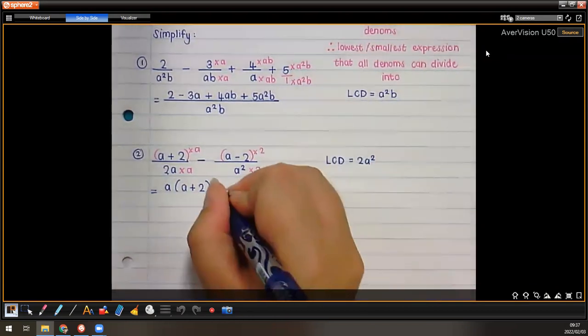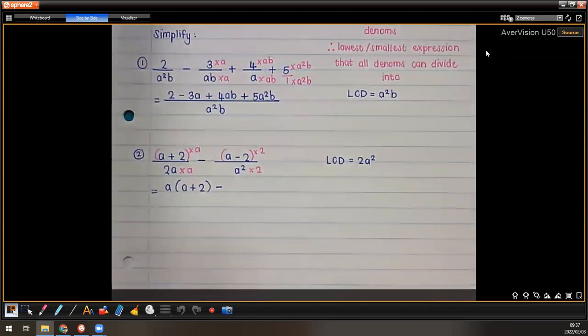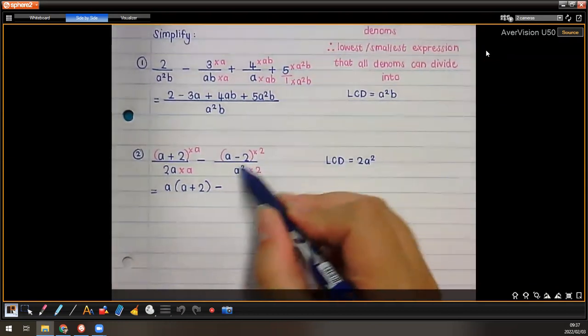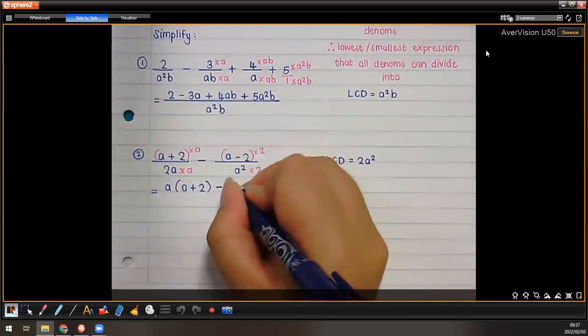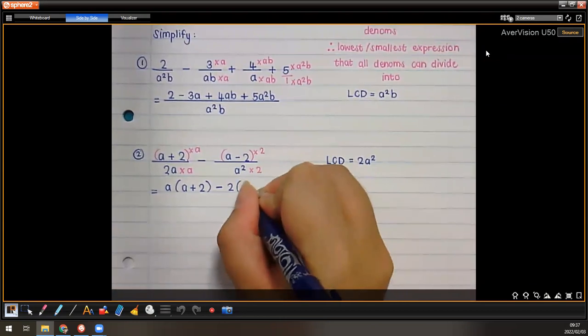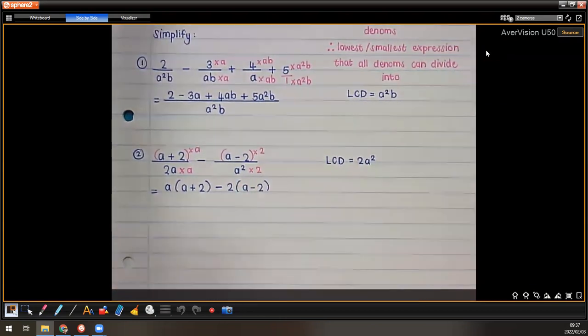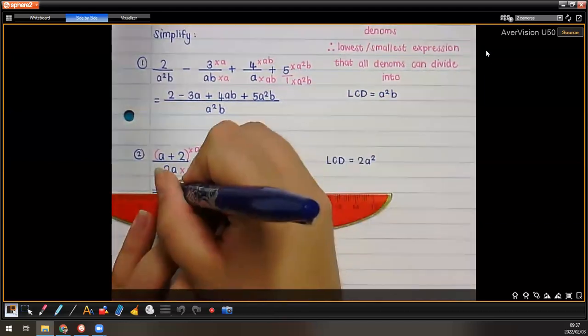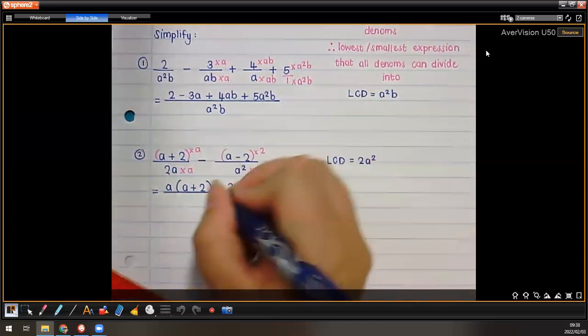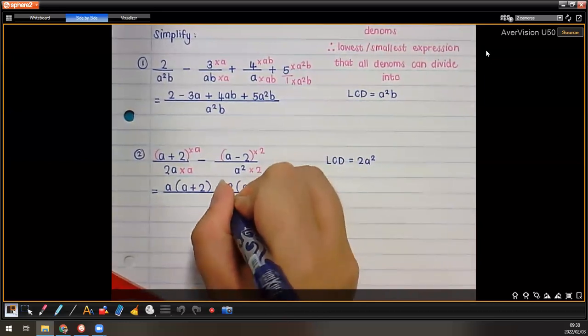So that minus needs to be in the numerator, please. And what am I multiplying into this bracket? 2 times a minus 2. So in fact, I'm going to have to multiply negative 2 into that bracket, not just the 2, because of that minus that's in between the two terms. And that is over 2a squared.